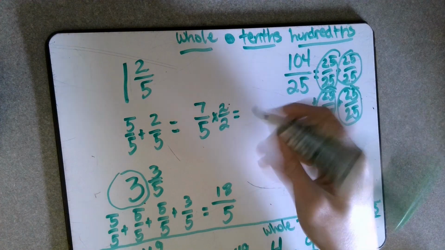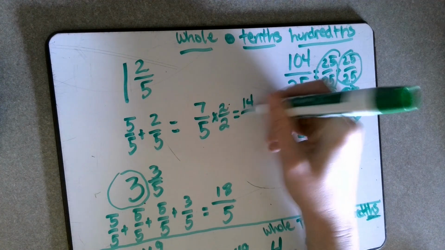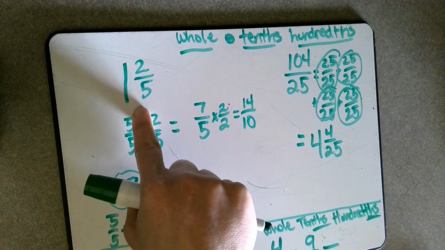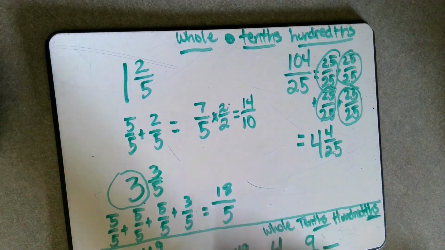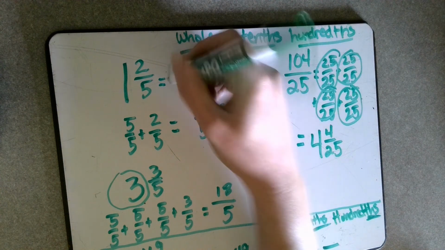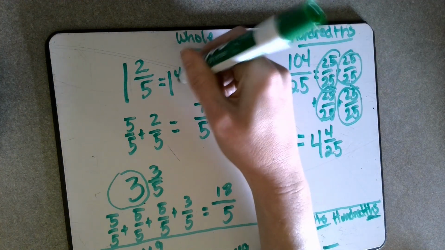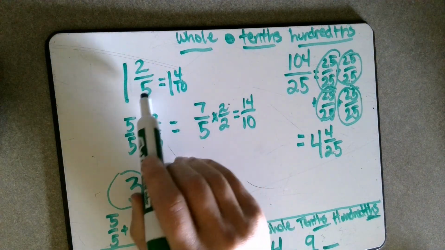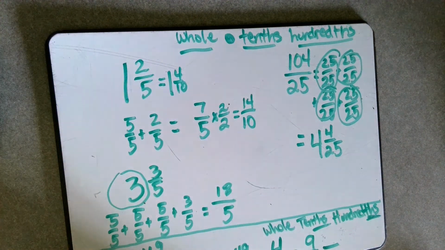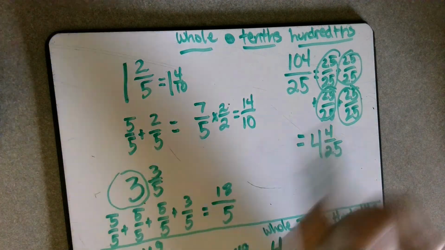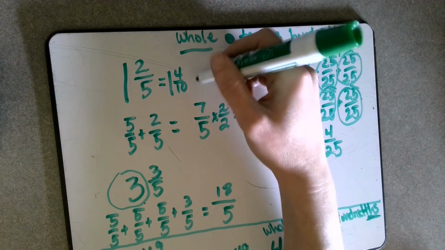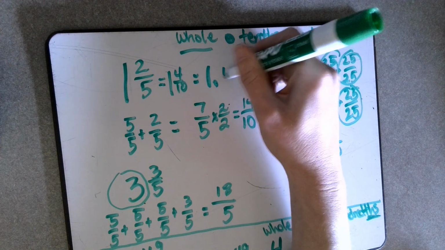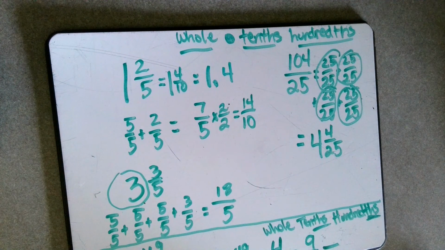So I can convert this then into 14 tenths. Or I could be thinking about 1 2/5, right, is equal to 1 4 tenths, right? If I just change this 2/5 into 4 tenths right there. So if I were to write this as a decimal, we would be at 1 whole and 4 tenths, right?